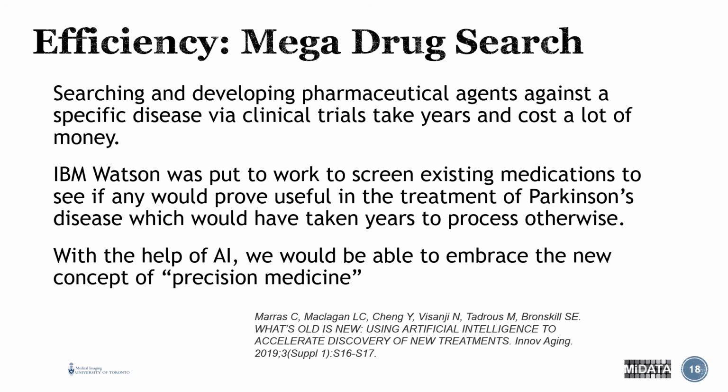One of them they did was looking for medications to treat Parkinson's, and they made a bit of a splash about it a couple of years ago. This is an example of how these AI tools can be used to increase efficiency. Because yes, sure, you can do it by hand by a team, but it would take years, as opposed to IBM Watson, which took a fraction of the time.